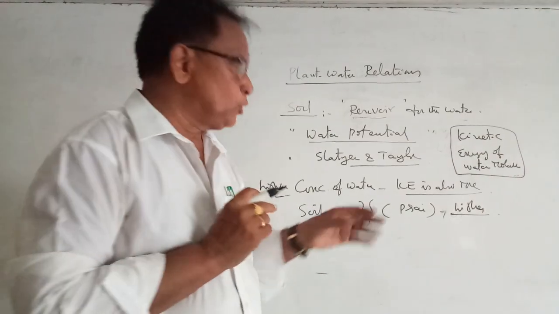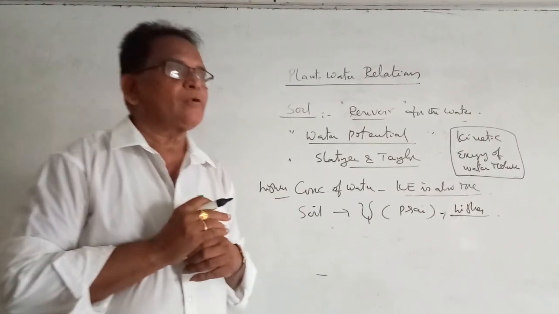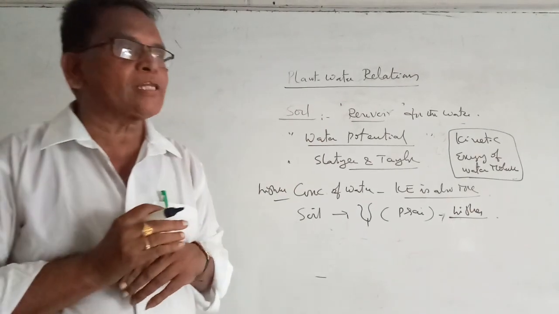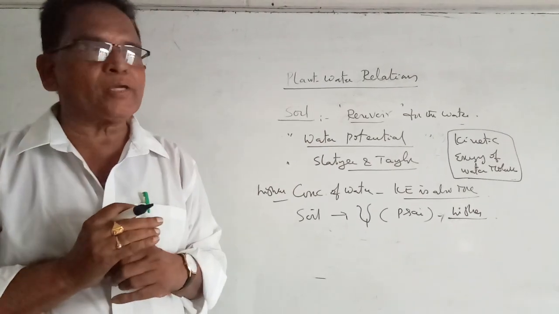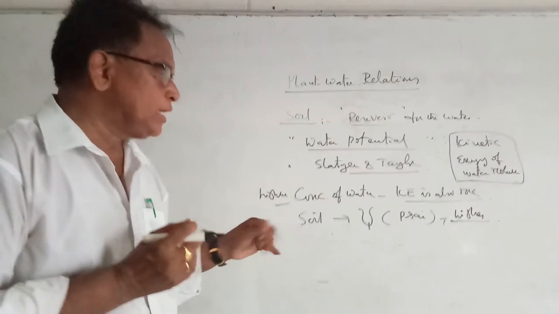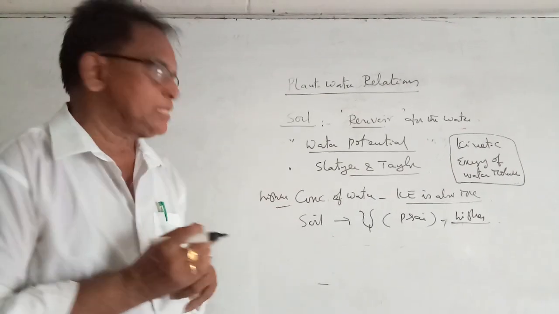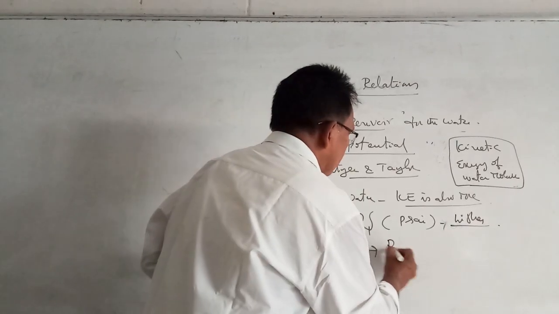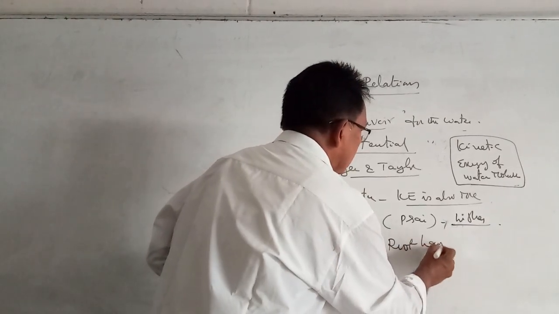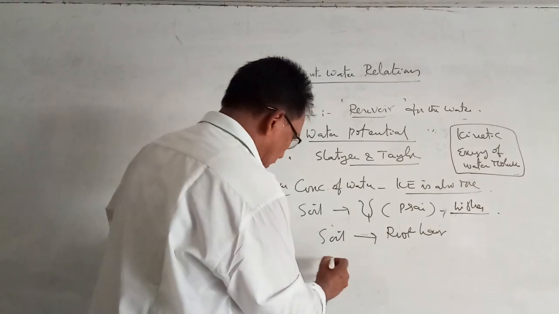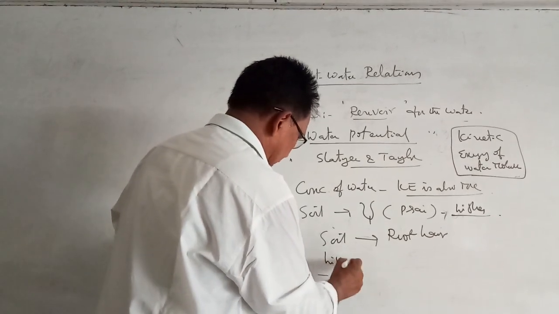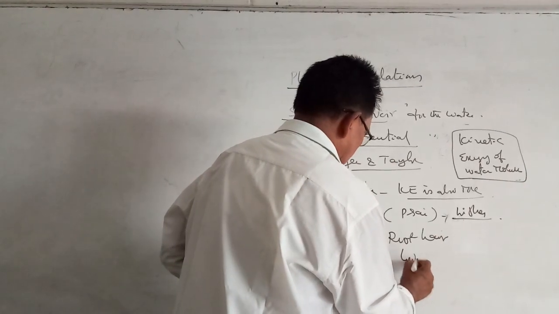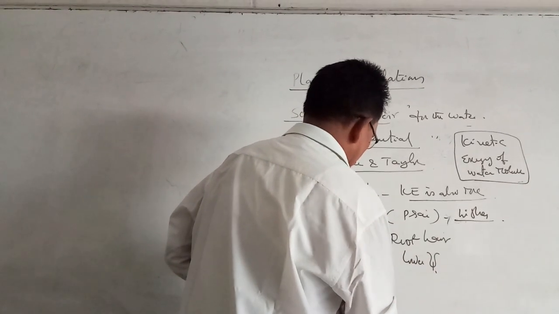Water always moves from a region of higher water potential to the region of lower water potential. So soil has higher water potential. So from the soil, water always enters into the root hair. The soil has higher water potential and root hair has lower water potential.